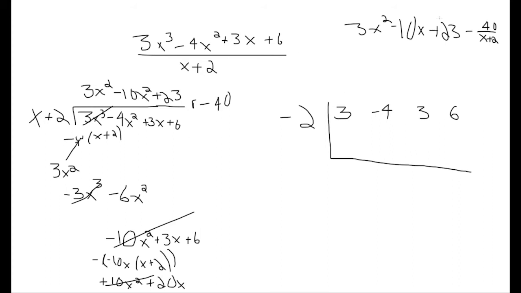Then what you would do is you would take the 3 down. Just take the 3 down. This 3 would represent the coefficient of your first w. Okay, so remember we wrote our w's as sort of part of our answer, right? So this is how we get the answer.